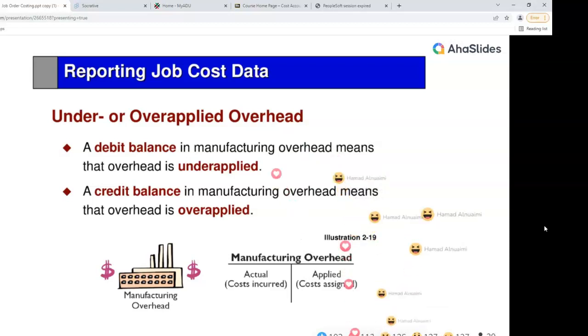If they equaled, then obviously I applied exactly the amount I incurred, but they won't equal. If I have a debit balance, that means I incurred more overhead than I applied.